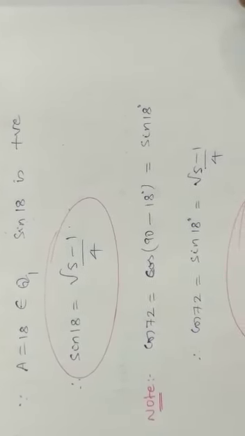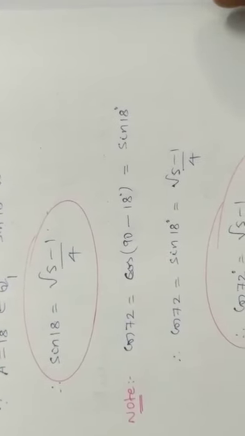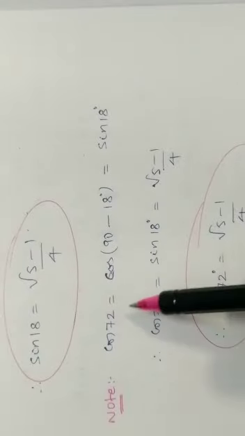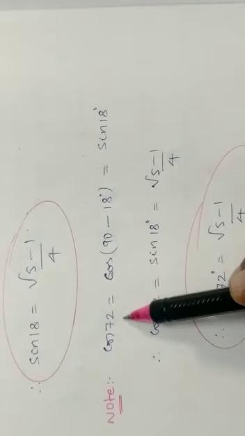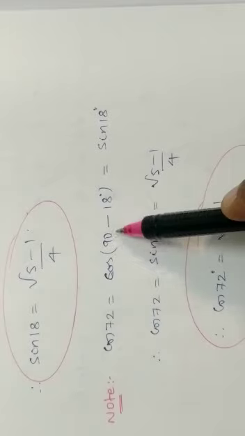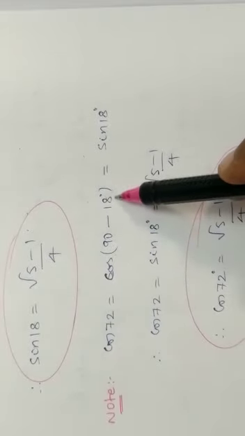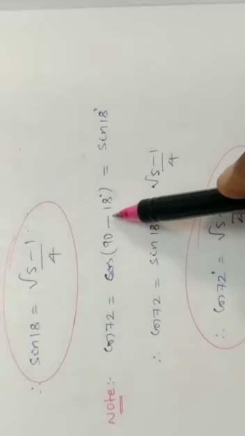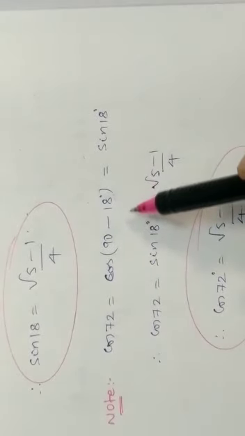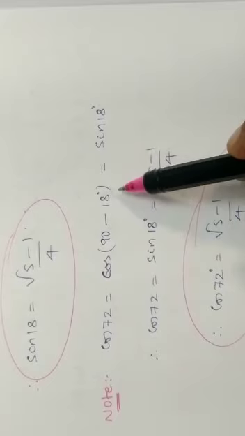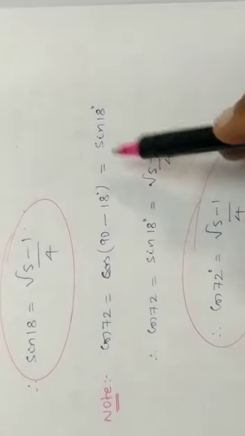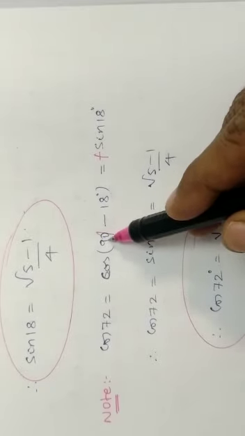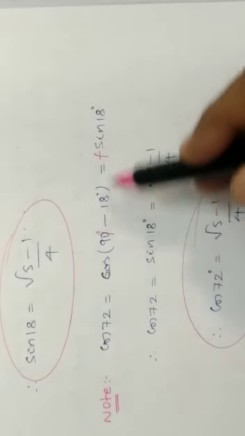Cos 72. How to find cos 72? Cos 72 can be written as cos of 90 minus 18. 90 minus 18 is 72. This is in the form of cos 90 minus theta. 90 minus theta comes in the first quadrant. In the first quadrant all are positive. So plus, remove 0. 9 is odd. Cos becomes sin.